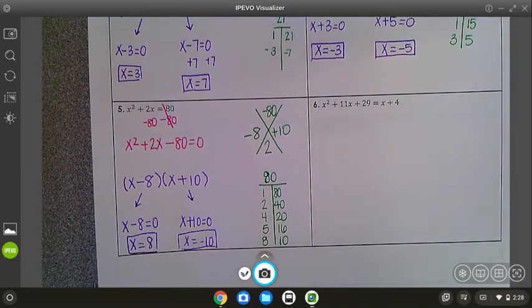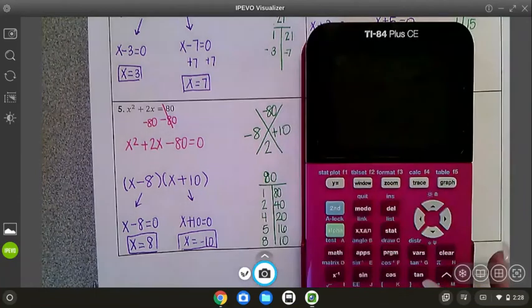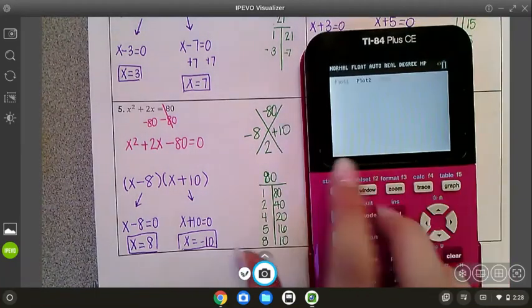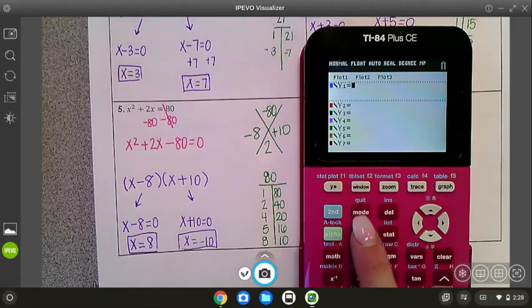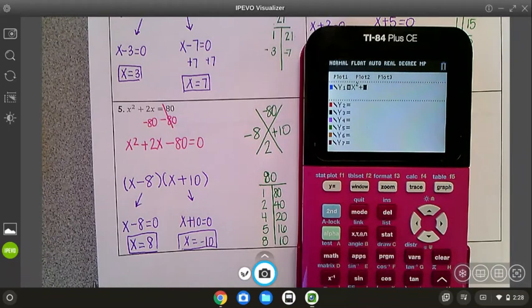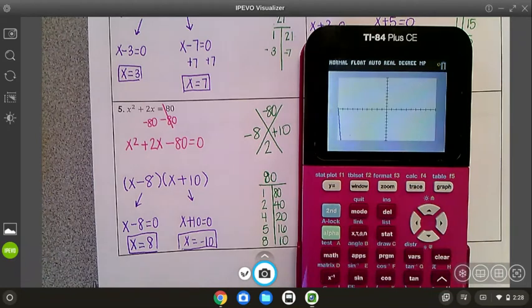If you want to check your answer, you go to y equals x squared plus 2x minus 80, and if you look at the graph, it should cross at 8 and negative 10. And it does cross at negative 10 and 8, so that's correct.